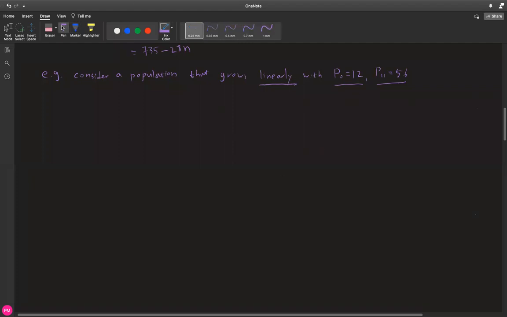So knowing that your initial population is this, and your 11th term in the sequence is 56, you can simply deduce that we have P sub n equals P sub 0 plus nd. And here we know already that P sub 0 is given as 12.